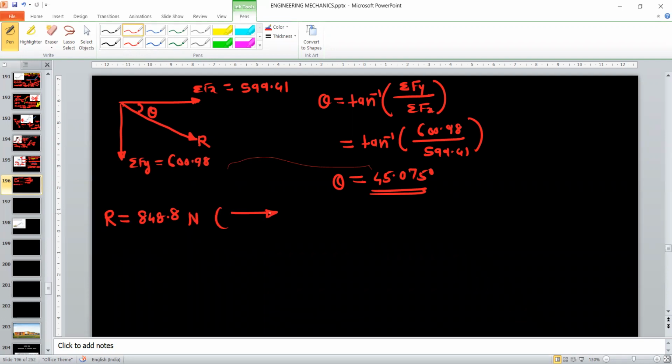This arrow represents the x-axis and this is the direction of the resultant. And this angle is theta, which is equal to 45.07 degrees.